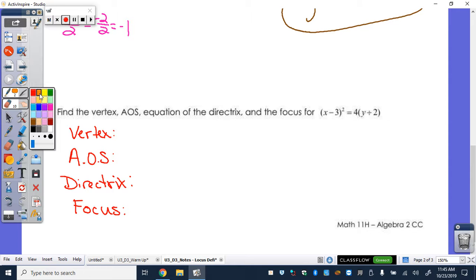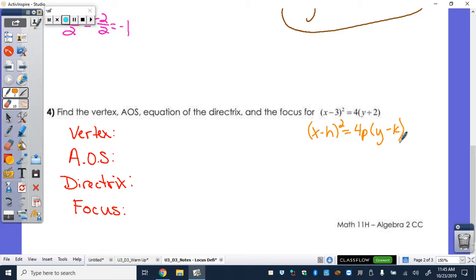Now the equation that they used is the other one. So it's x minus h squared equals 4p times y minus k. That's the format it is written in.